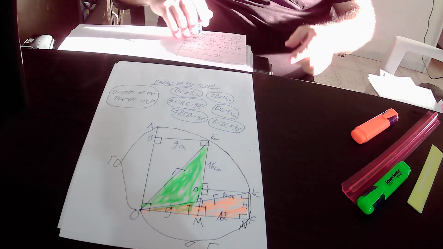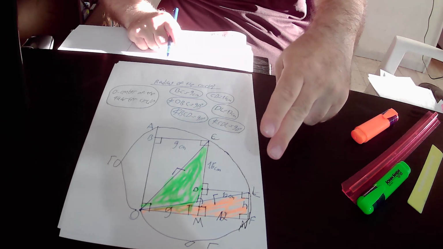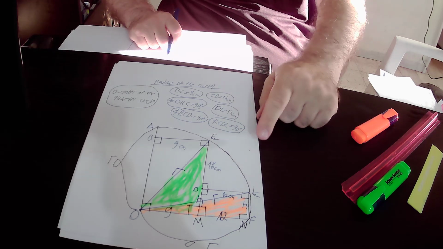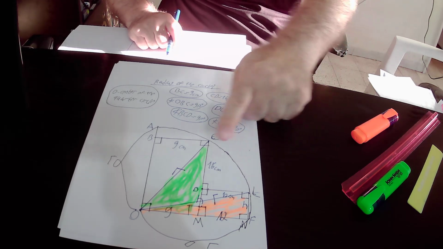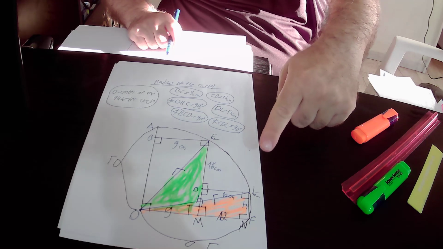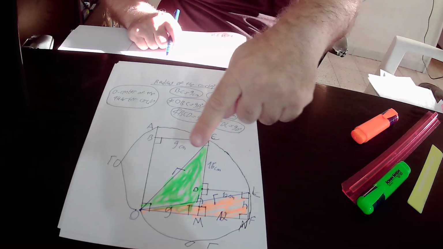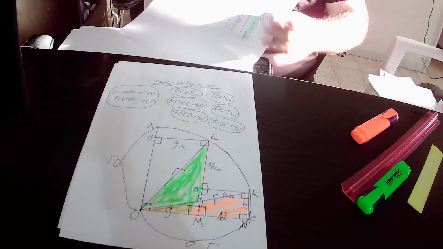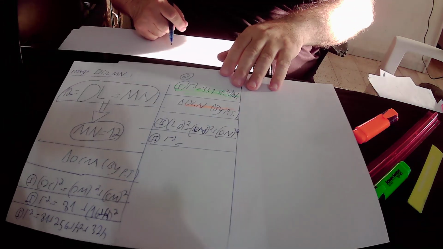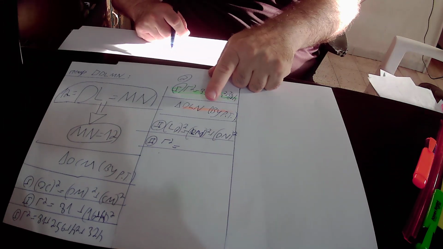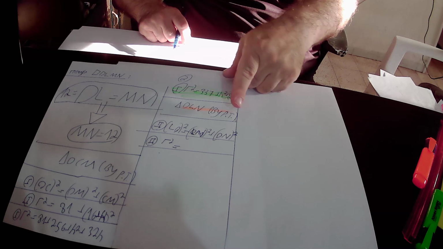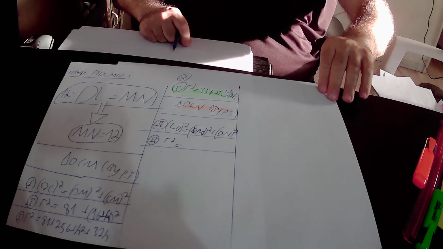I repeat again, in the right triangle LON, according to the Pythagoras theorem, LO square equals LN square plus ON square.